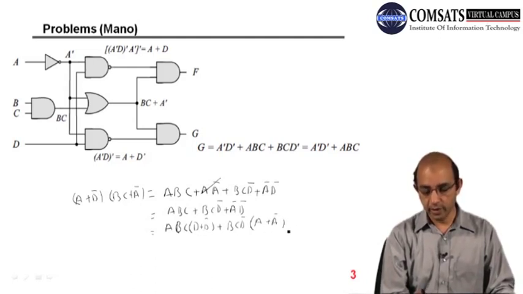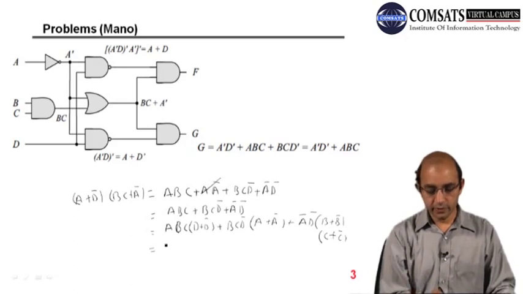This is also 1. And over here, we are missing B, and then we are missing C.